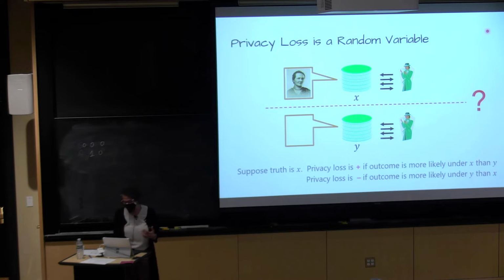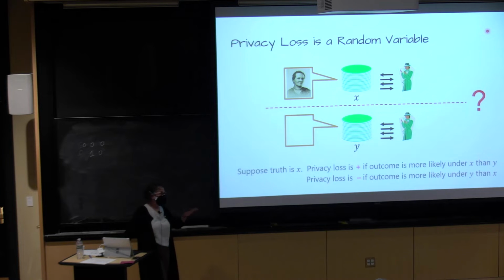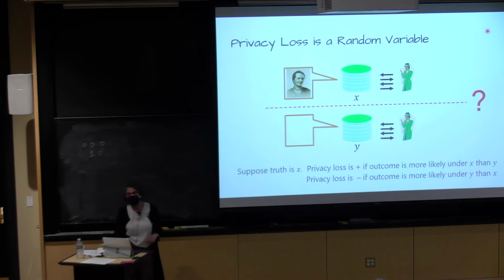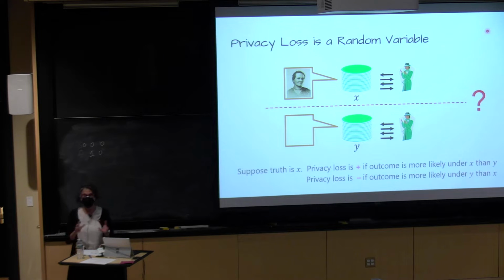But we might very well, we will, sometimes output, even when we're running on X, values that are more likely when the database is Y. When that happens, when we formally define privacy loss, we'll have a negative privacy loss.